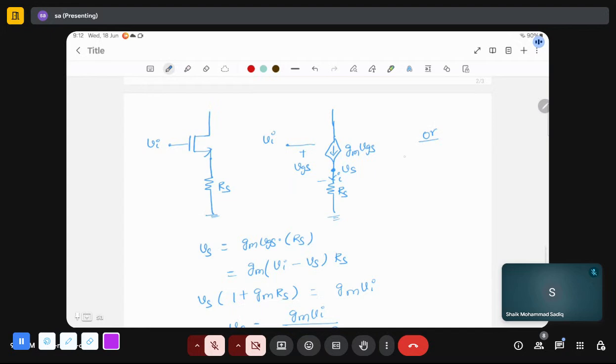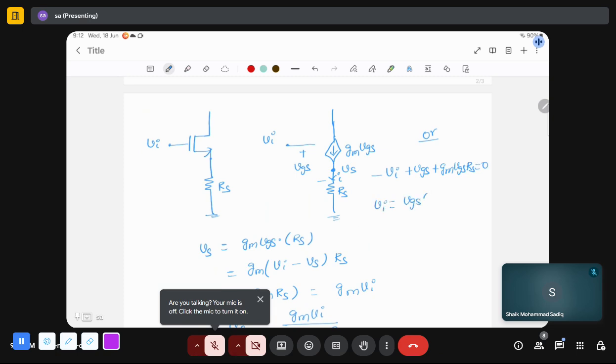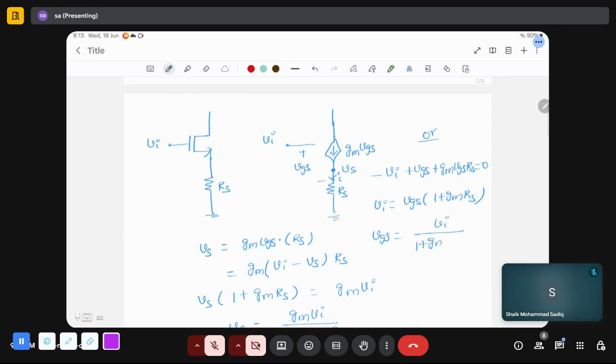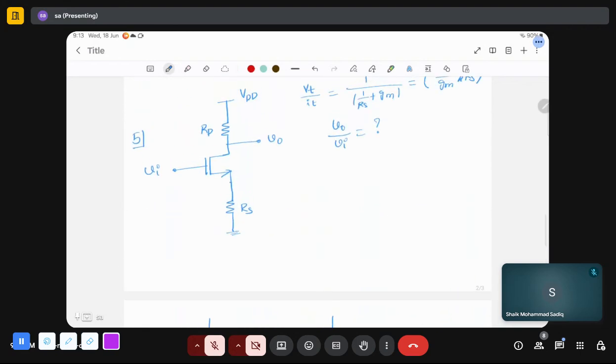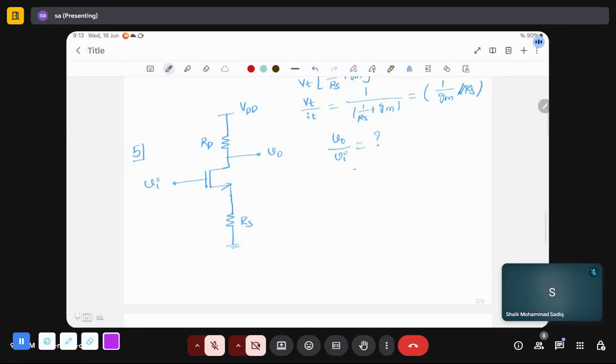Or we can do this. Apply KVL: minus Vi plus VGS plus GM VGS Rs equals 0. Vi is equal to VGS into (1 plus GM Rs). VGS is Vi divided by 1 plus GM Rs. Now what is V naught by Vi?